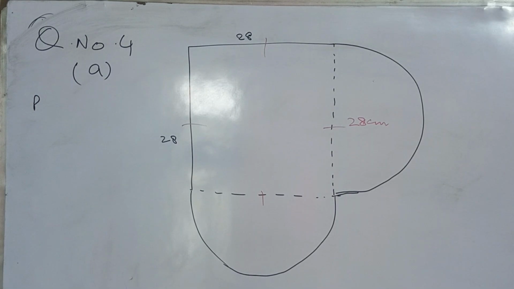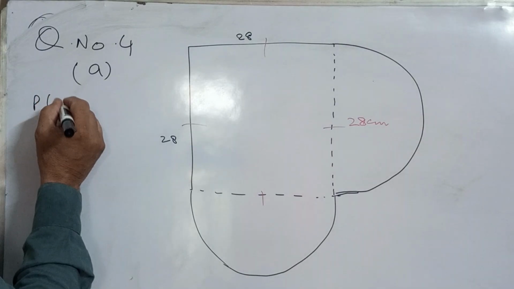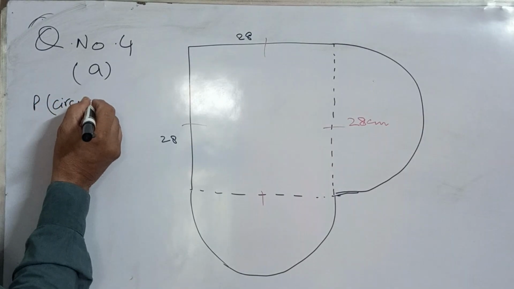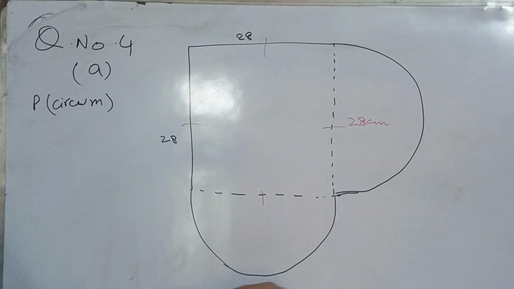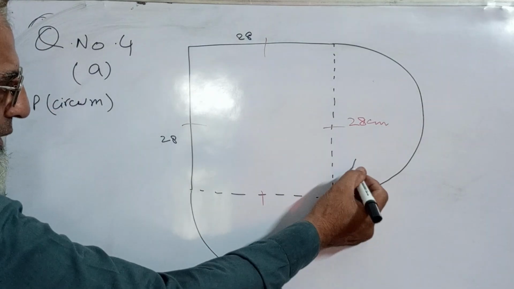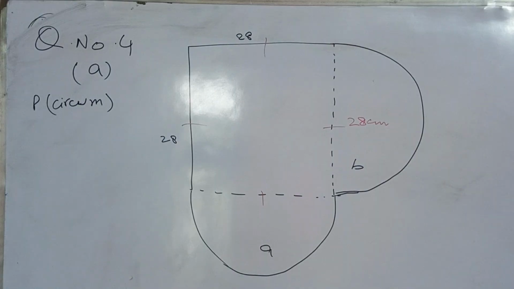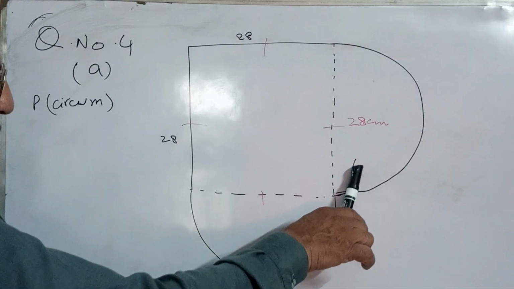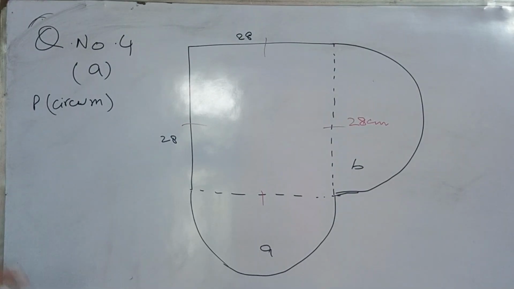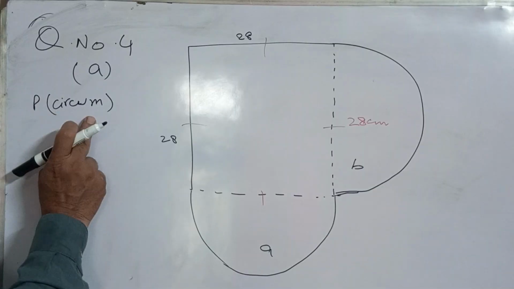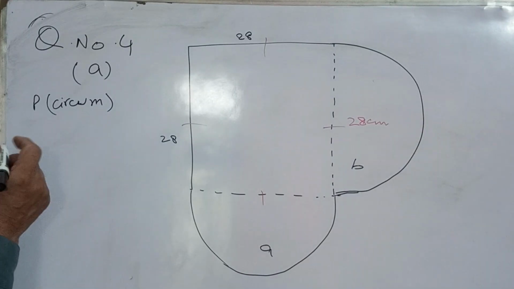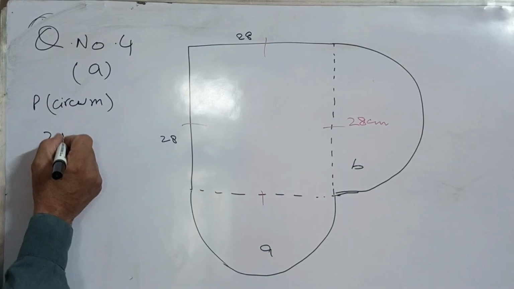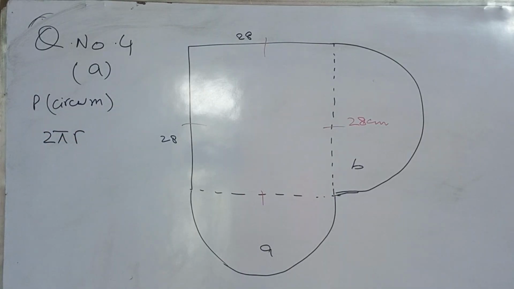Since we are doing the perimeter, let me write circumference. Perimeter, circumference of these circle A and B. These are two half circles, so joining them will be one full circle.